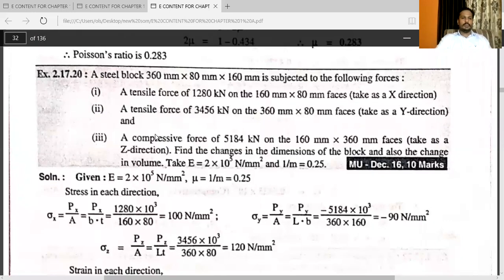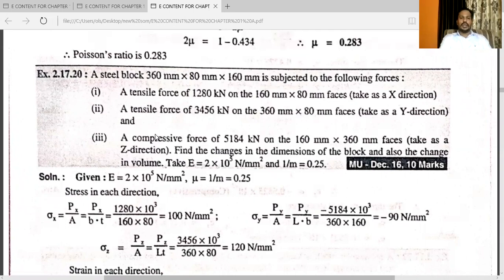So one more problem. A steel block 360 mm into 1880 mm into 160 mm is subjected to the following forces. Tensile force of 1280 kilonewton on the 160 mm into 80 mm faces, take as x direction.